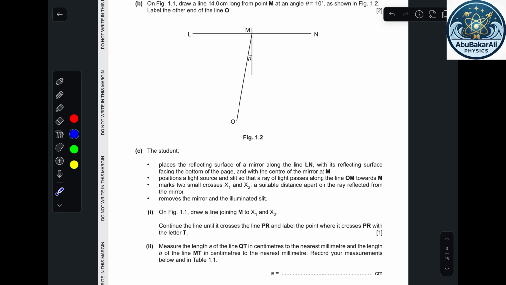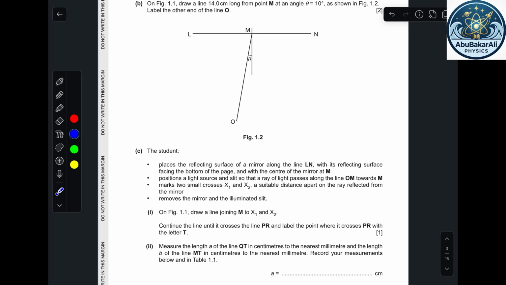Position a light source and slit so that the ray of light passes along the line OM. Mark two small crosses, X1 and X2, a suitable distance apart on the reflected ray from the mirror. Remove the mirror and the illuminated slit. This is all the information they have given us.